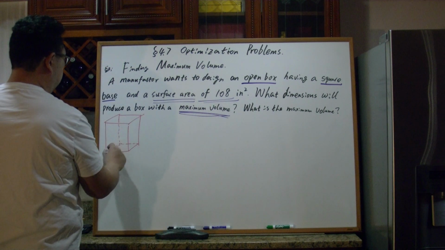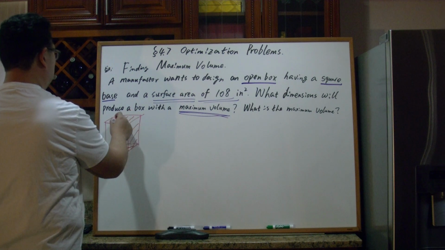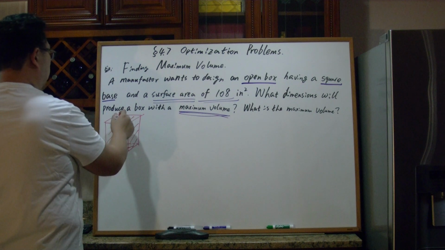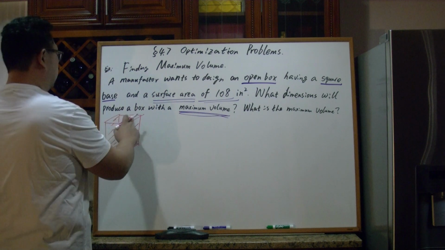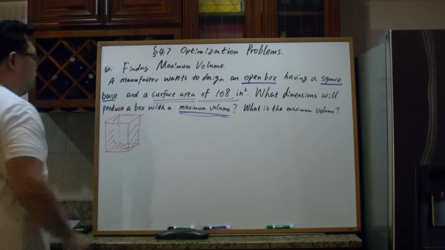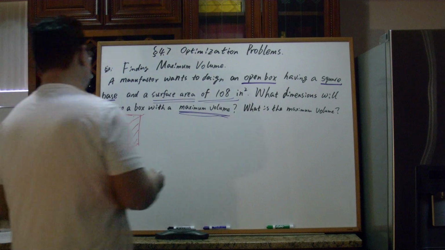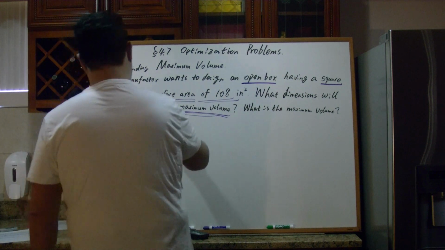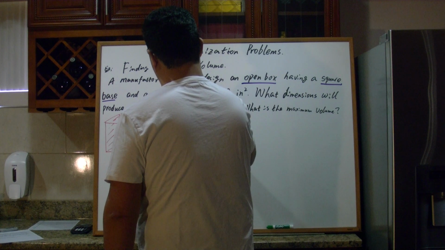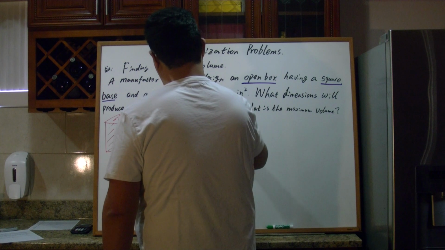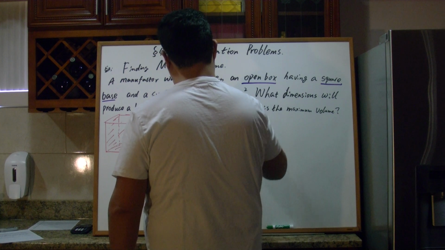Right, so all the sides are solid, but the top is open. Right, the sides are solid, but the top is open. So let base be x, height be h.